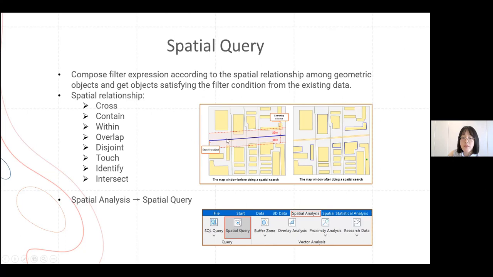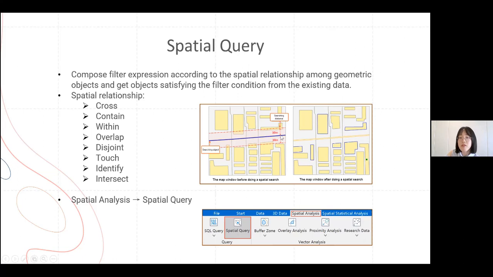And now we have selected one road in the center. And we want to find out which are the buildings that are within 30 meters to this road in the center.